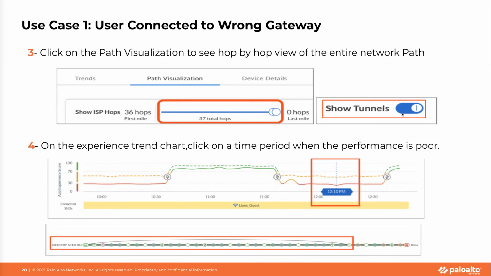The user experience is green all the way up to the Prisma Access. Beyond the Prisma Access, we see that the user experience degrades, showing the amber and red path between the Prisma Access and the application.